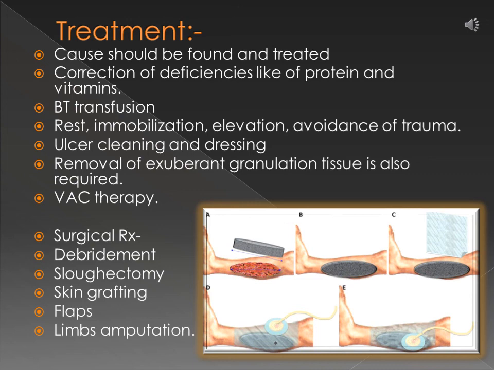Ulcer cleaning and dressing is done by two methods, that is mechanically or chemically. Mechanically, it is done using scissors by excising the slough. Hydrogen peroxide, which releases nascent oxygen, is used as a chemical agent.